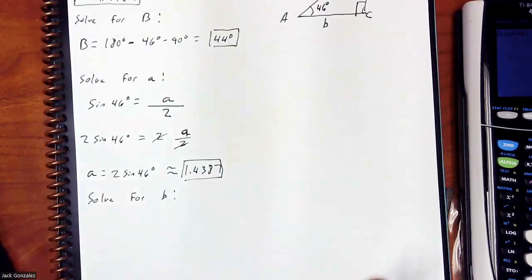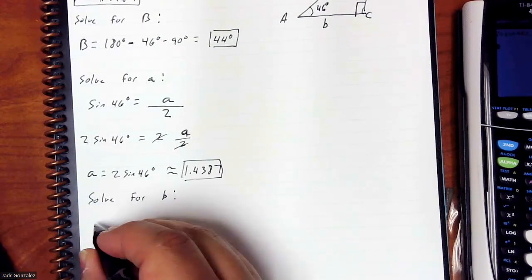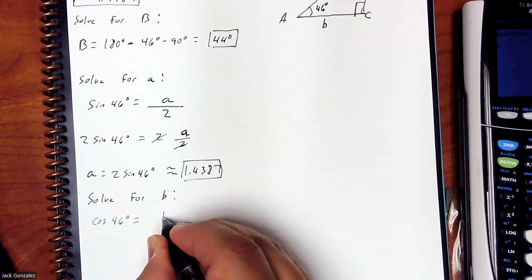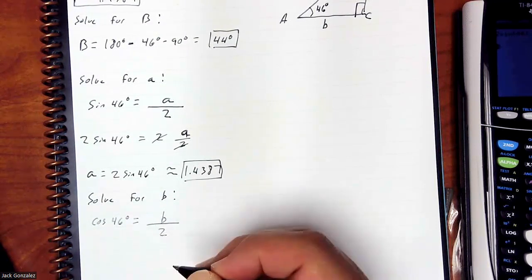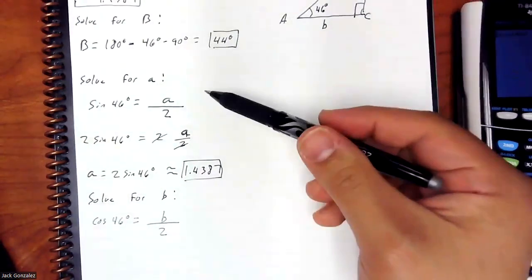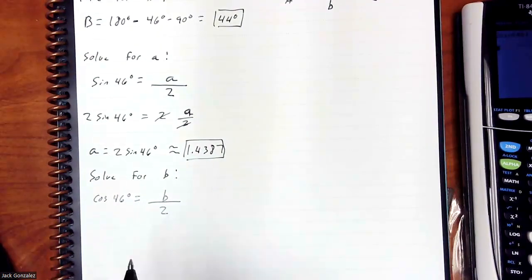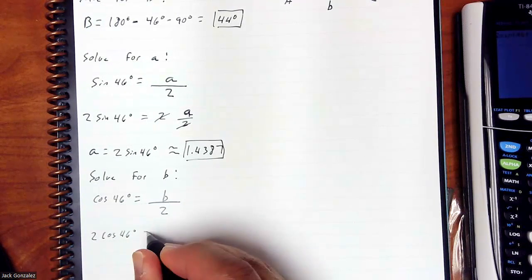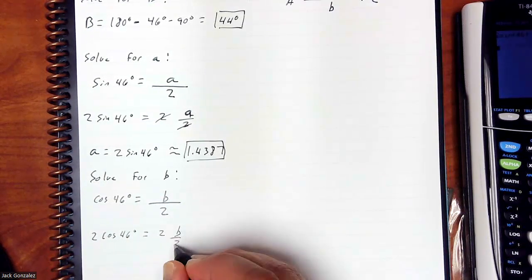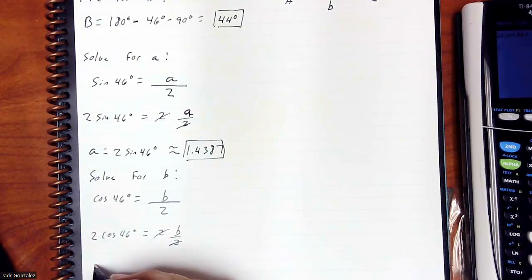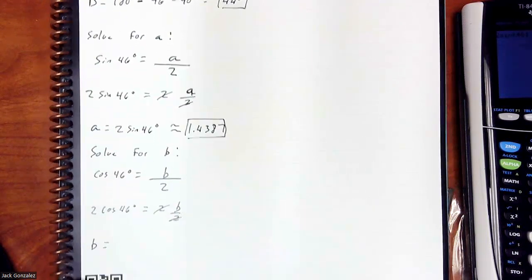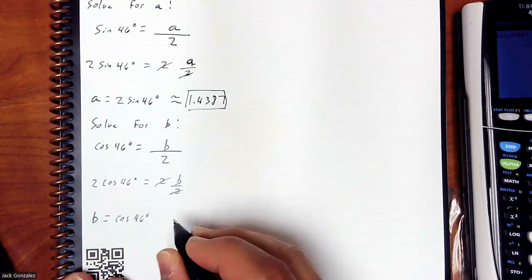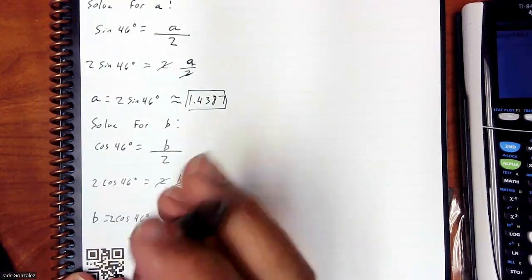Yeah, that'll be the easiest choice. Good choice. So you could have b over 2. That'll be the exact same arithmetic here, same algebra. Multiply 2 on both sides. So now b is equal to cosine 46, oops, times 2.